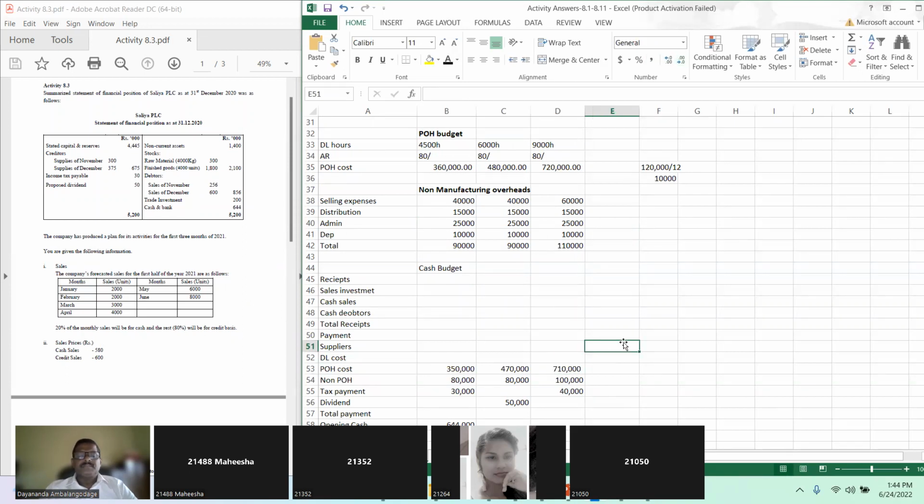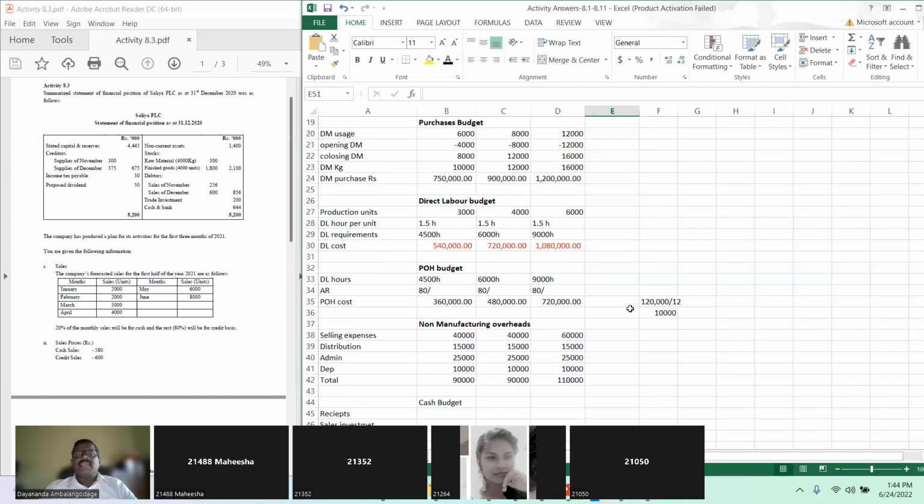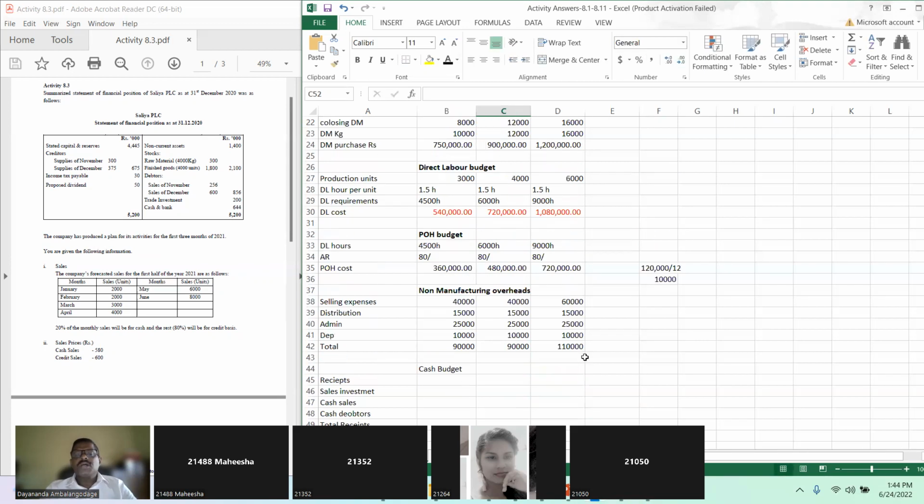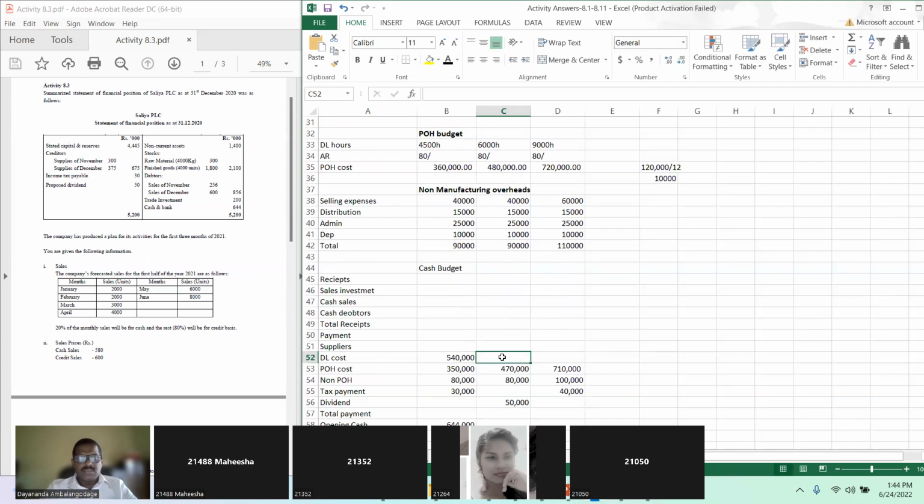Direct labor cost, I think very easy. Direct labor cost 540. You can put 540 here. And here 720,000. Direct labor doesn't have any depreciation, it's straightforward.